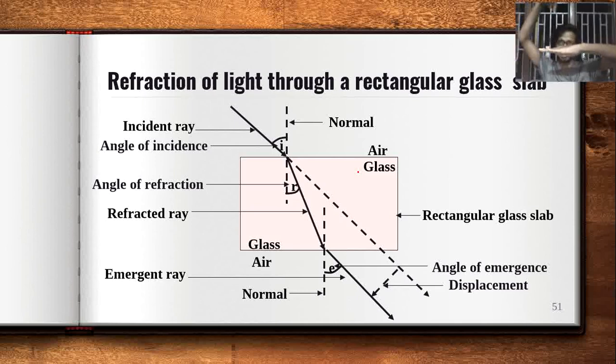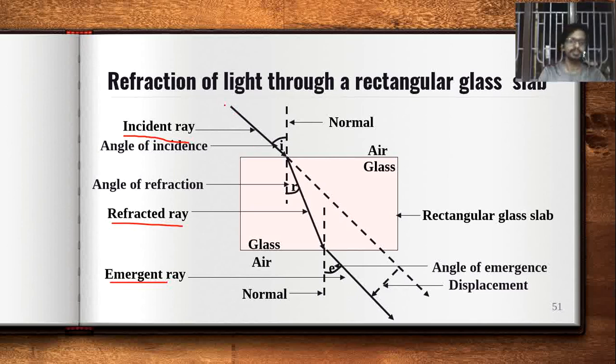When the light travels from the air, it will be incident ray, and when it is traveling through the glass, it will be refracted ray, and when the light is coming out of the glass, then it is called the emergent ray. So you can see three terms: the incident ray, then refracted ray, then emergent ray.